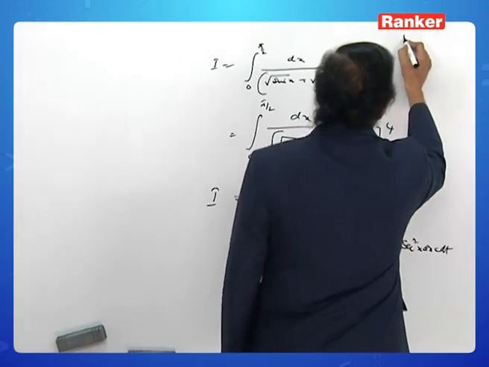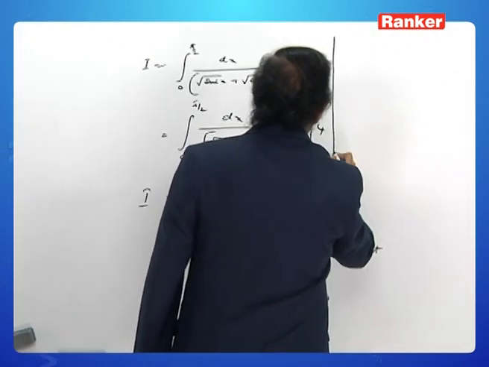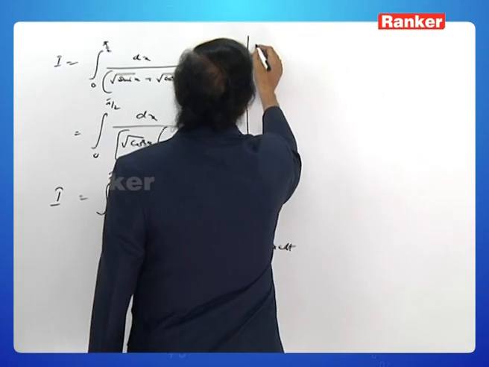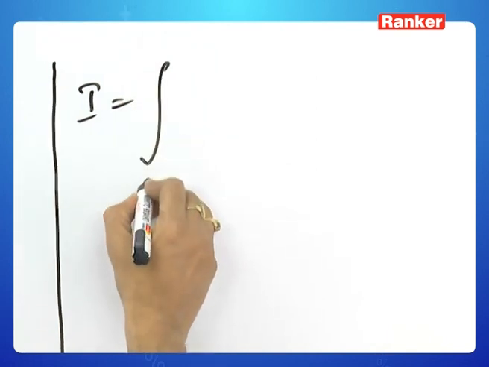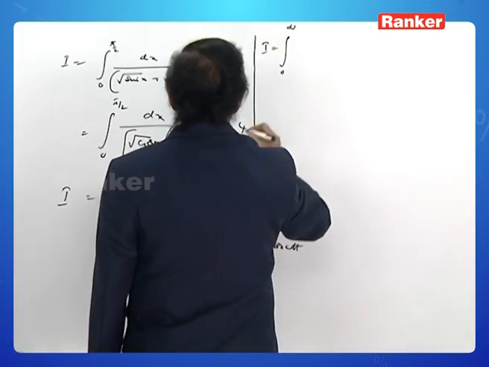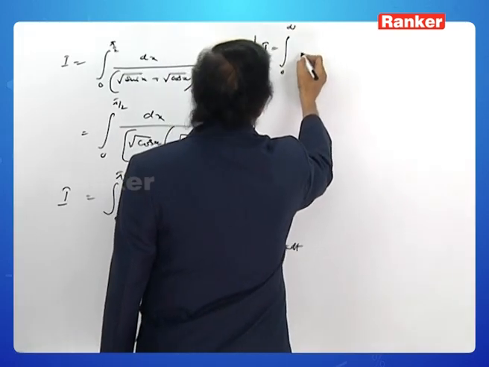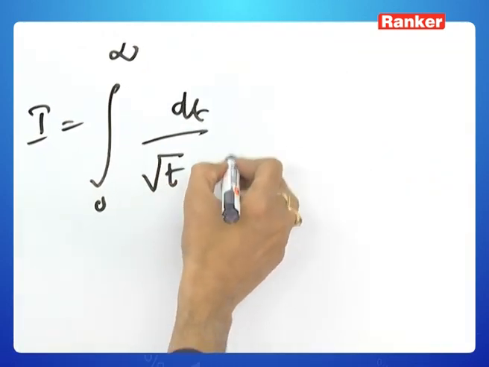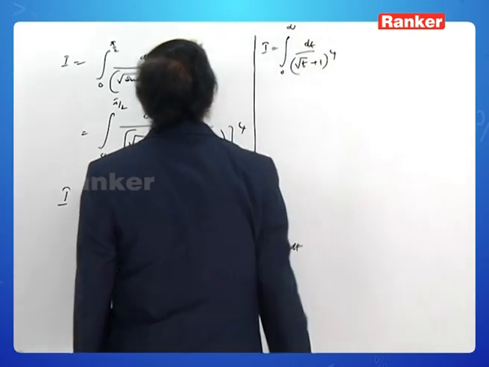Okay, friend. What happens to the nature of I? I is then integral 0 to infinity. What is secant square x dx? It is dt by root t plus 1 whole to the power of 4.